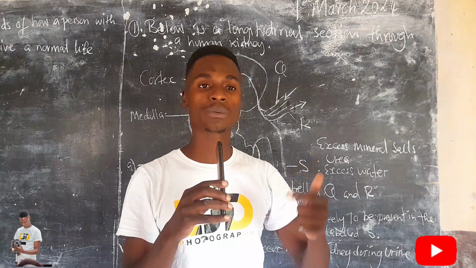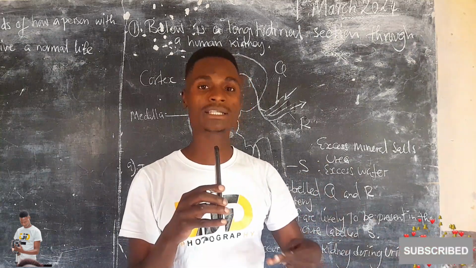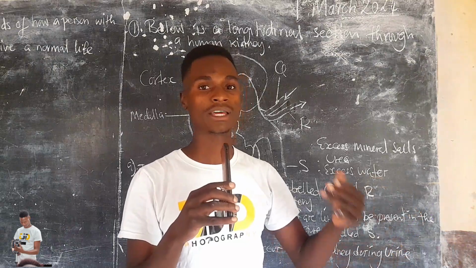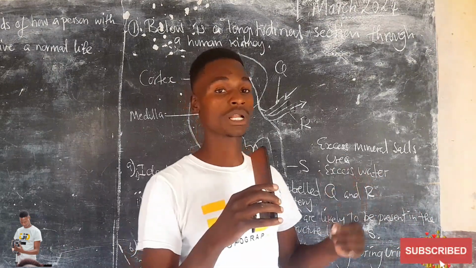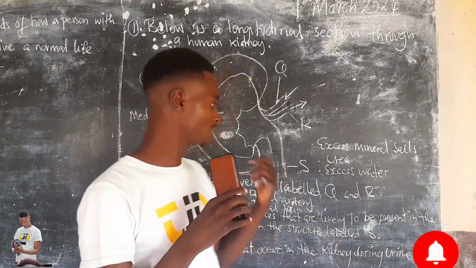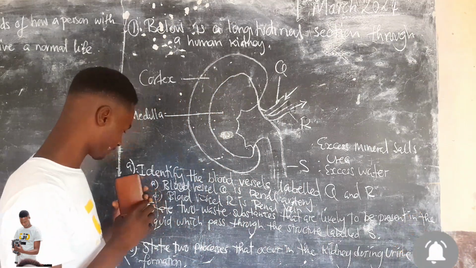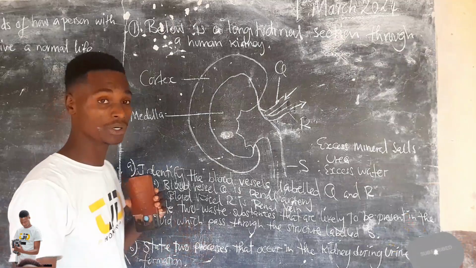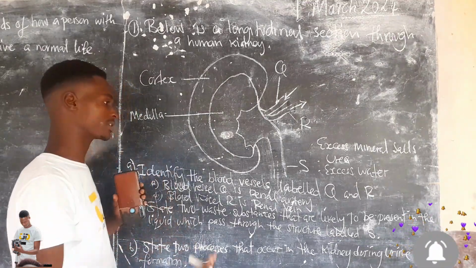The second process is selective reabsorption. The third is osmoregulation. Then you have secretion. So now you can just get two. We'll just go with selective reabsorption and ultrafiltration.